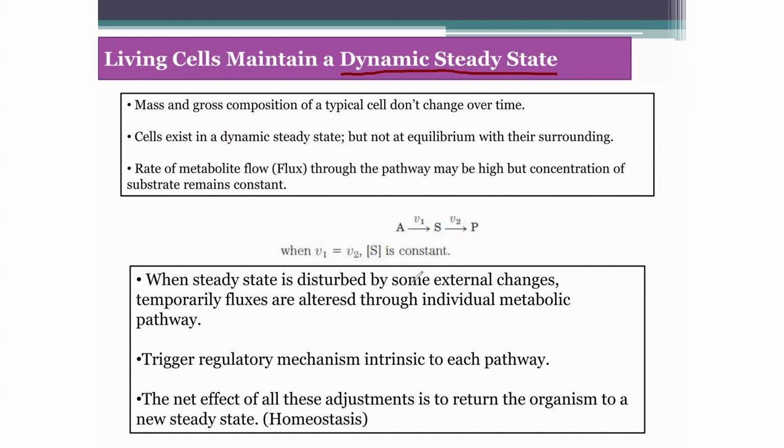So that is why the rate of the metabolic flux through the pathway may be high, but the concentration of the substrates will remain constant. That is what happens in the metabolic flux. You see here you have A converted to S and S converted to P.